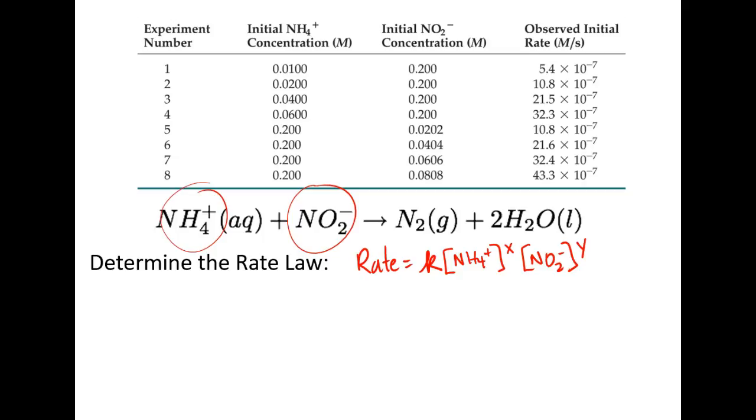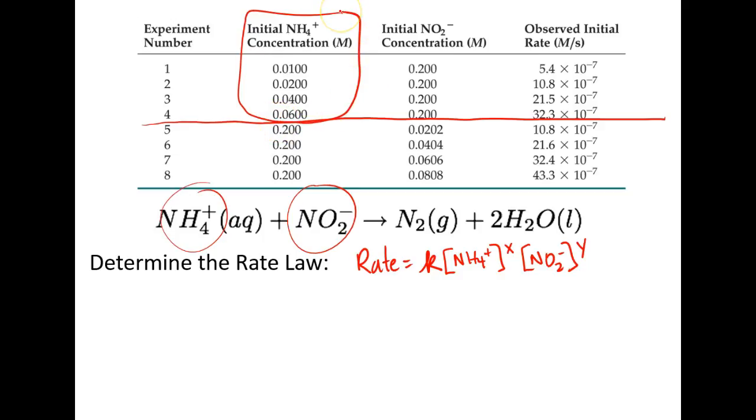And what I observe, I'm just going to split this data table in half. I notice in the first 4 experiment numbers that the concentration of ammonium, NH4+, is changing, but the concentration of the other one is not. So that's really not having impact on my rate because it's not changing. So I can use information from trials 1 through 4 to figure out the exponent or the order for NH4+.